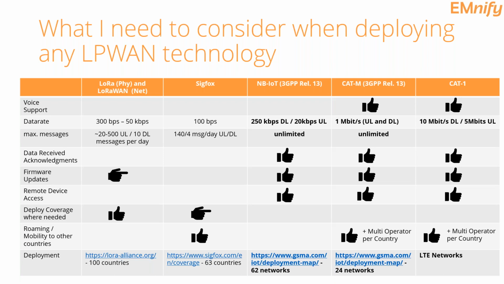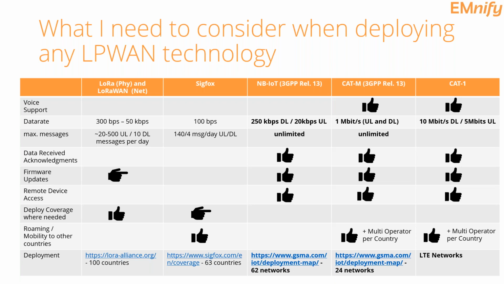Now, from a practical perspective, what do these limitations mean for messages? If you develop an application or use case with LoRa or Sigfox, you need to understand that you basically have an unreliable transport, because you may send 20 or 500 uplink messages, but you can only receive 10 downlink messages.